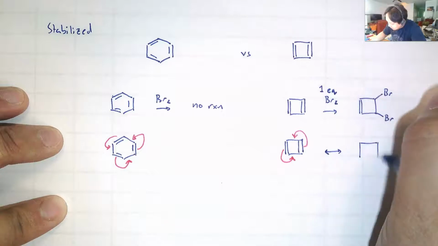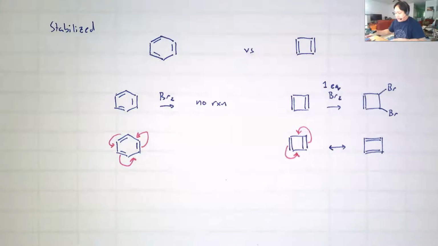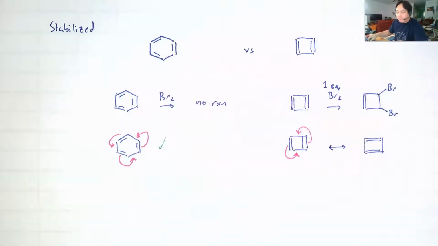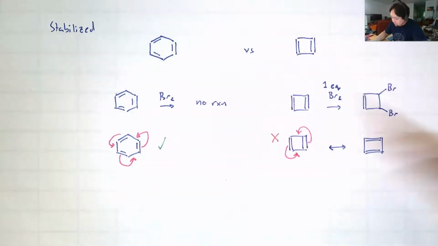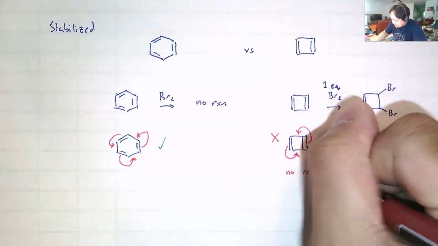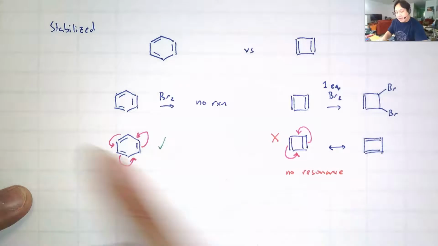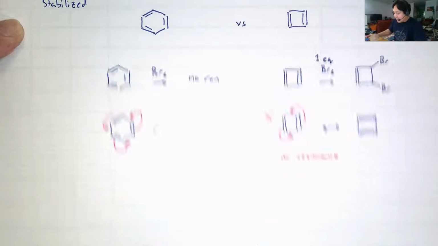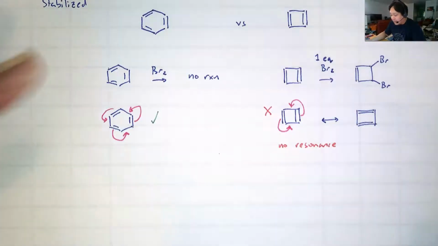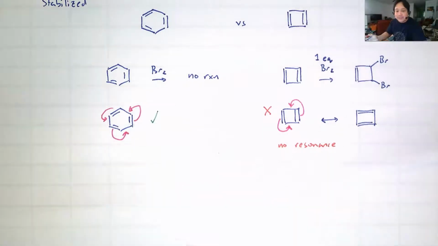This one right here. Okay. But in actuality, while this one does undergo resonance, it was shown that cyclobutadiene does not. So we'll put X here. Okay. No resonance. No stabilization. And stabilization due to, right now, resonance. Okay. But we're going to see later that it's more than resonance. It's this term called aromaticity.